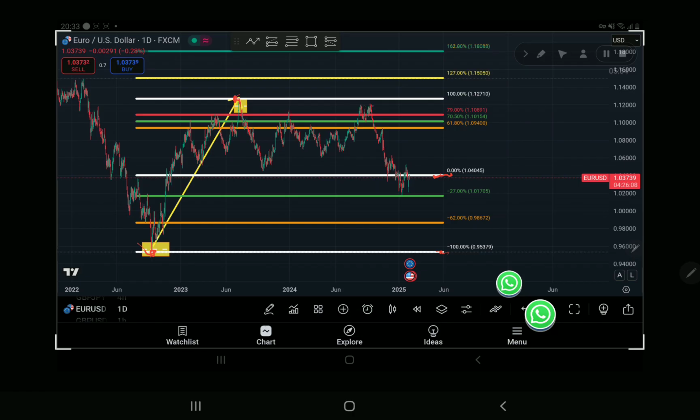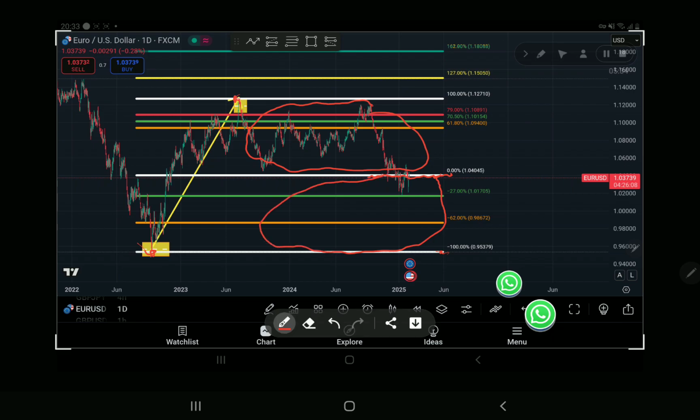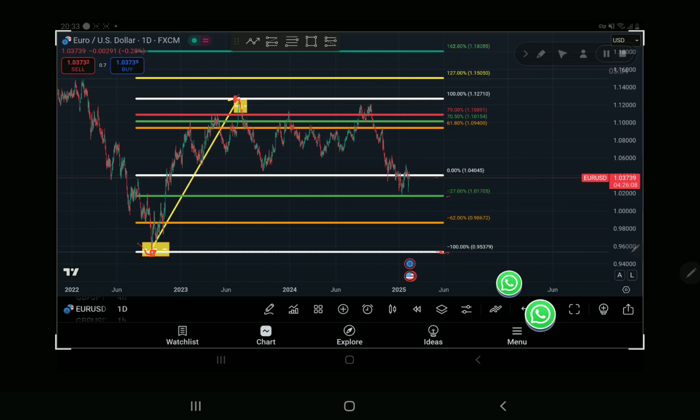You see this zone here, and remember we're on the 1 day time frame, this zone here is a sell zone. Anything below this upper part, this whole second 50%, is a buy zone. Are we together? Now, we have studied in the class that our first entry is minus 27%, first entry.